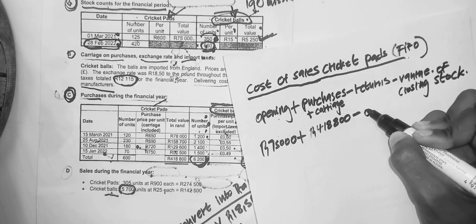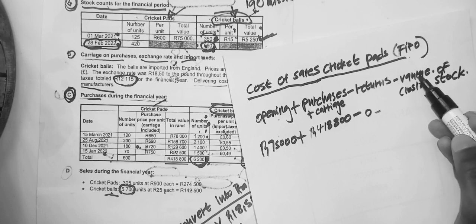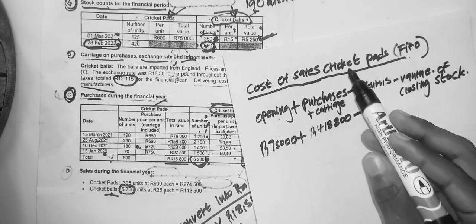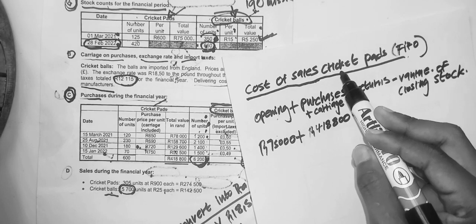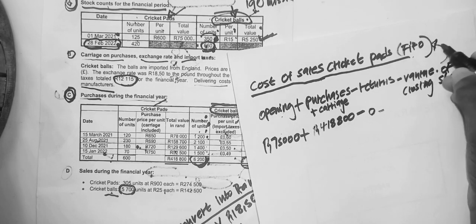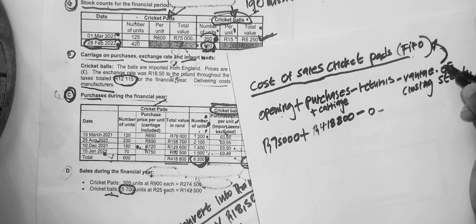Returns will be 0. Then we move on, minus now. Minus what? The value of closing stock. For what? For cricket pets. And remember, for cricket pets, the value of closing stock we calculated using FIFO. You can check the video for FIFO method, the one where I was saying KZN June 2022 FIFO method.